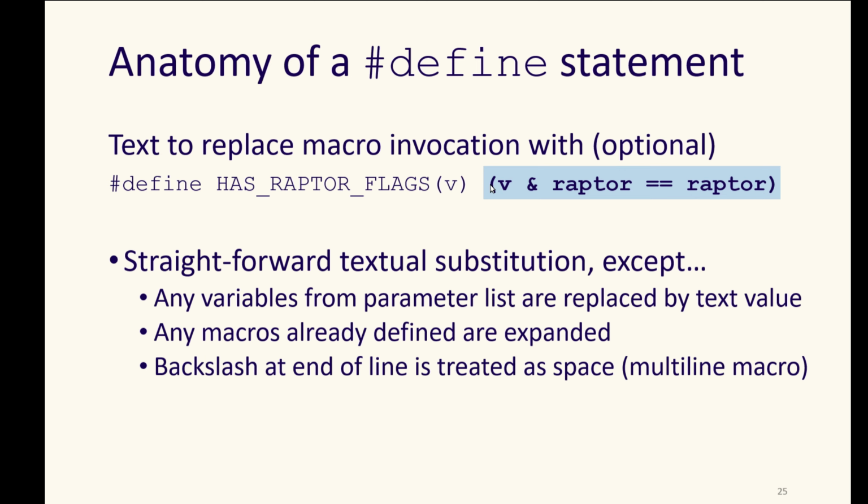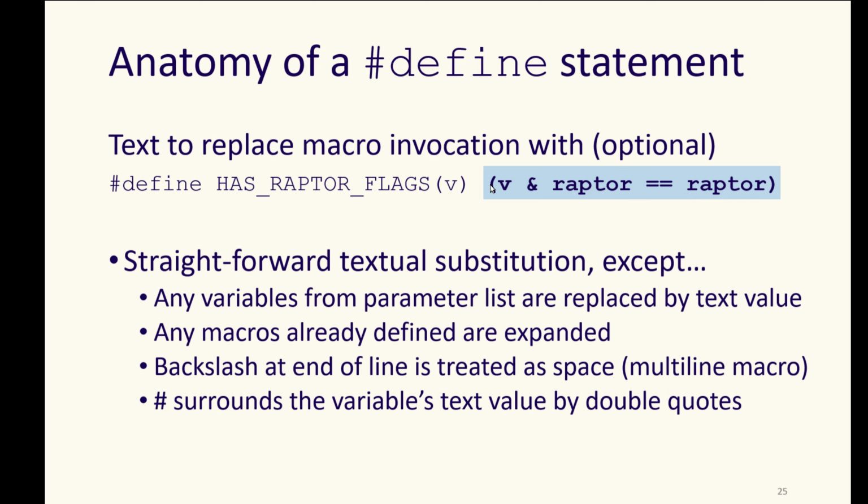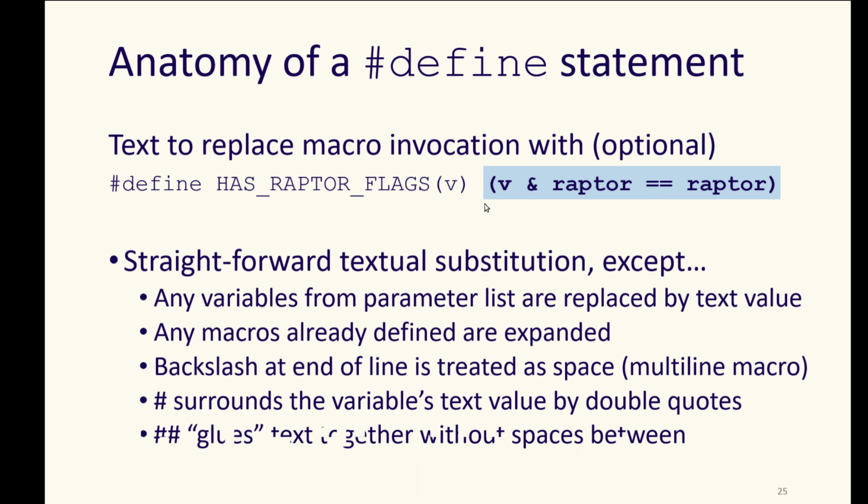If we put a \ at the end of a line, that's treated as a space so that we can do multi-line macros. If we use the # inside of the macro's replacement portion here, that would surround the variable's text value with double quotes, meaning to turn something into a string literal.